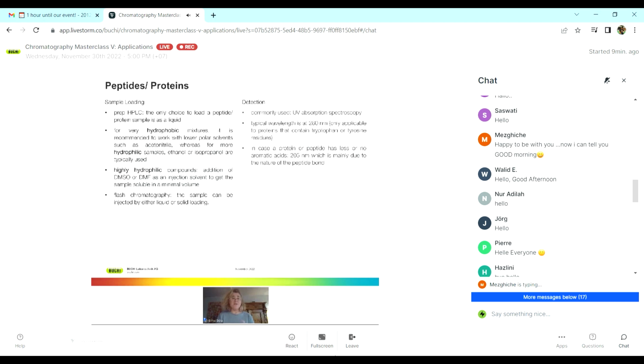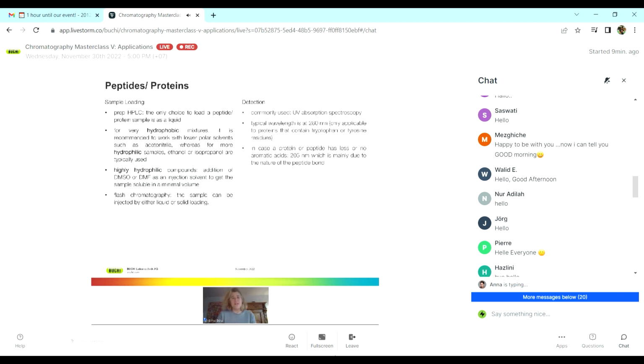If you have something very highly hydrophilic, then you need to add some DMSO or DMF as an injection solvent, because then you can keep the sample volume as minimal as possible. And that's actually important because if you have a very large sample volume, let's say the same as your column volume, then you can get band broadening, and this is not what you want because it has a bad influence on your resolution. So we typically say a maximum of 10% of the column volume should be the volume of the sample.